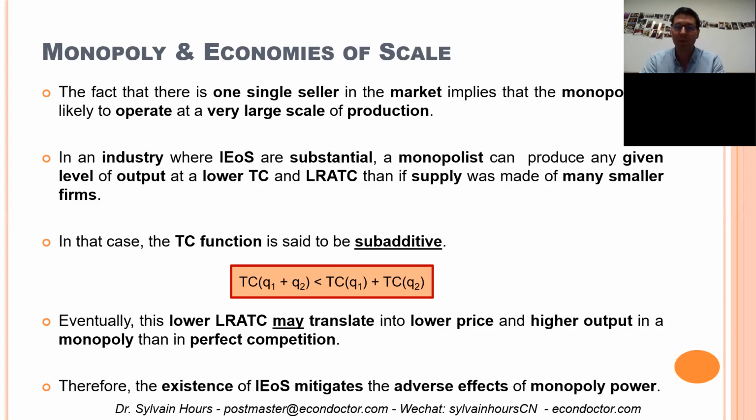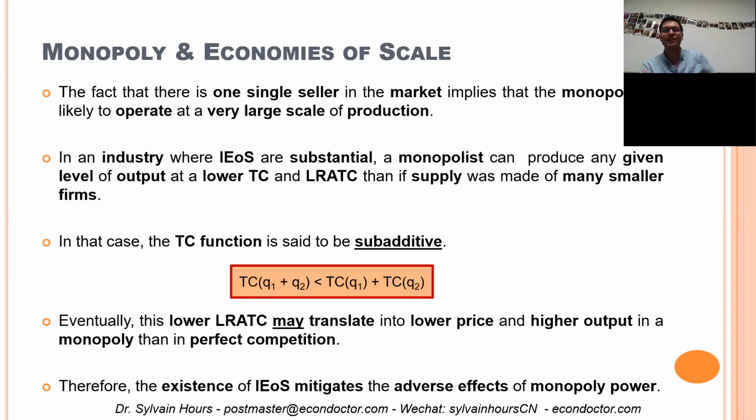We assume that the supply curve in perfect competition is the same as the marginal cost of the monopolist. This assumption means that when we move from perfect competition to monopoly, the monopoly does not enjoy any economies of scale.